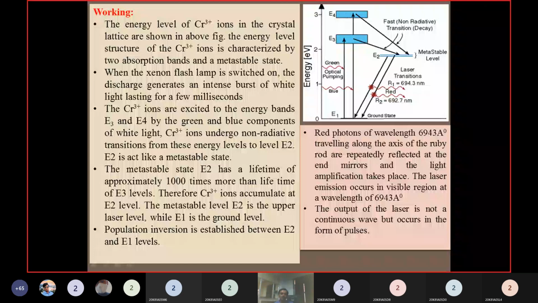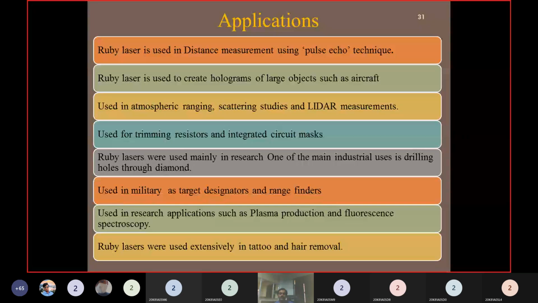The pulse echo technique measures the distance between two objects. For example, if you want to measure the depth of the sea, we can use the ruby laser. Otherwise, the distance between two hills, or between any two objects.